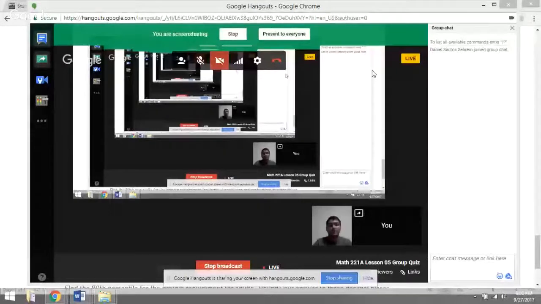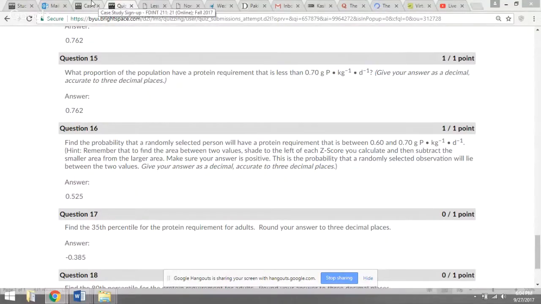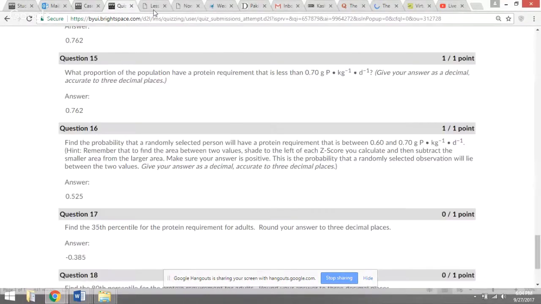And if you plug that into the probability applet, let me share my screen. Okay. Can you see my screen? Yes.